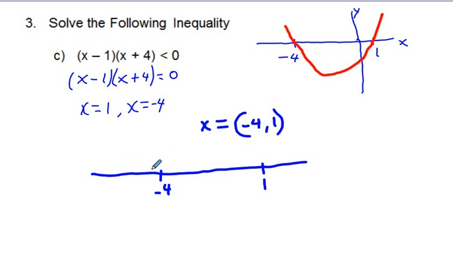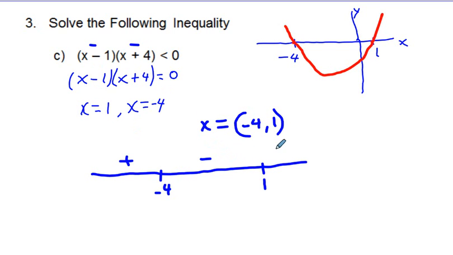If we try a number less than -4, say -5, we would have a negative times a negative, or a positive up here. Between -4 and 1, we can plug in 0. And if we plug in 0, we would have a negative times a positive, which would make a negative.